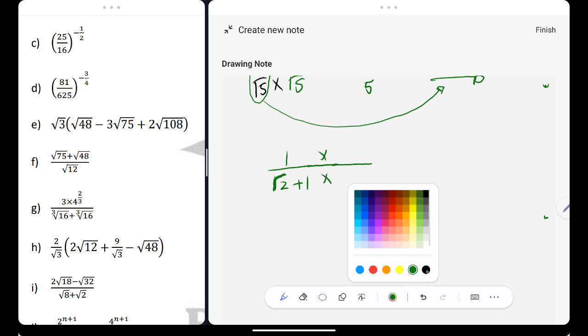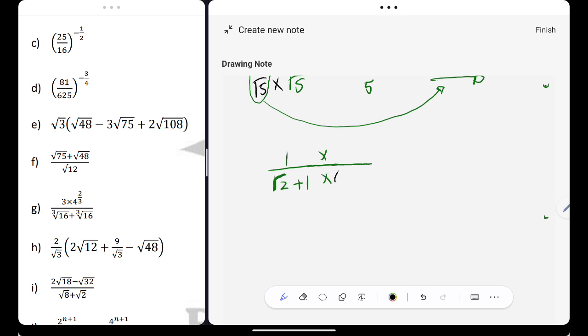Since we have two terms, that means we must create a difference of two squares. You have root 2 and 1, root 2 and 1. Are you together? Let me write properly. Root 2. Since here I have plus, that means I'll have a minus here and here. Are you together? Therefore, at the denominator, I'll have the square root of 2 minus 1 divided by.